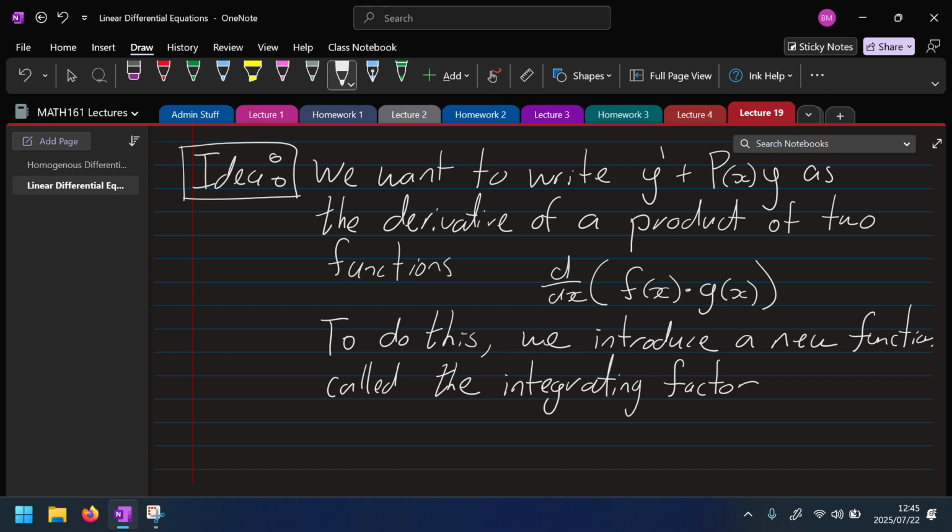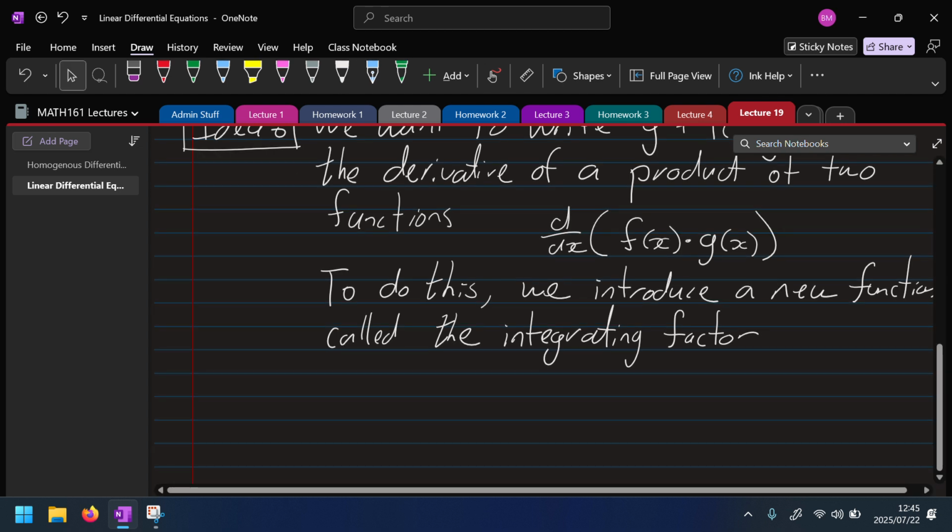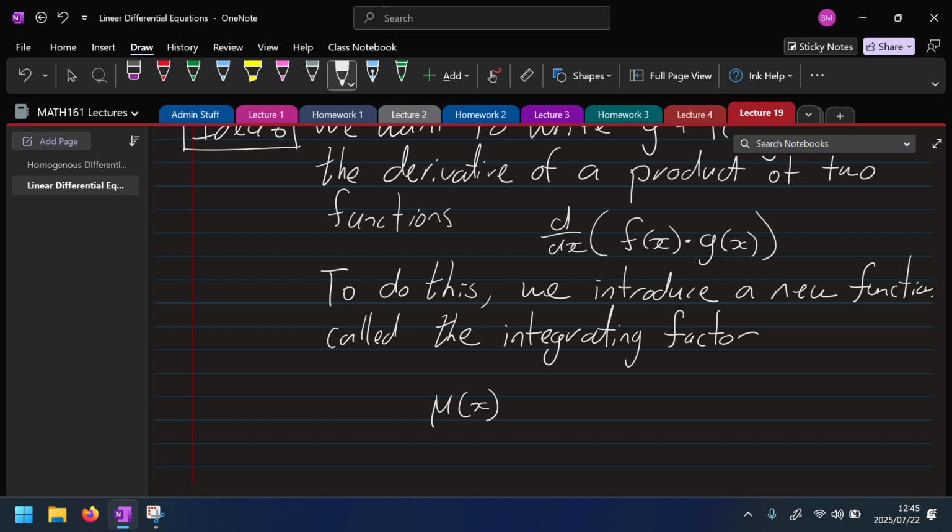In the textbook and notes online, you'll see it as either mu of x, the Greek letter mu, or as capital I of x. You'll see one of these two. In the textbook, you see the first one, but if you're looking online, you might see that second one.